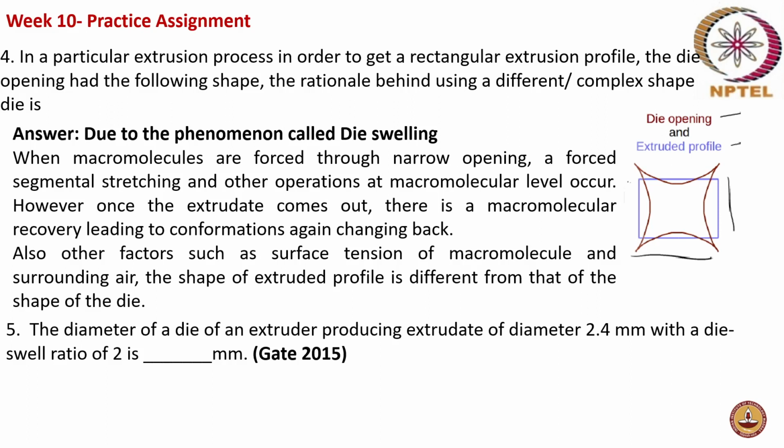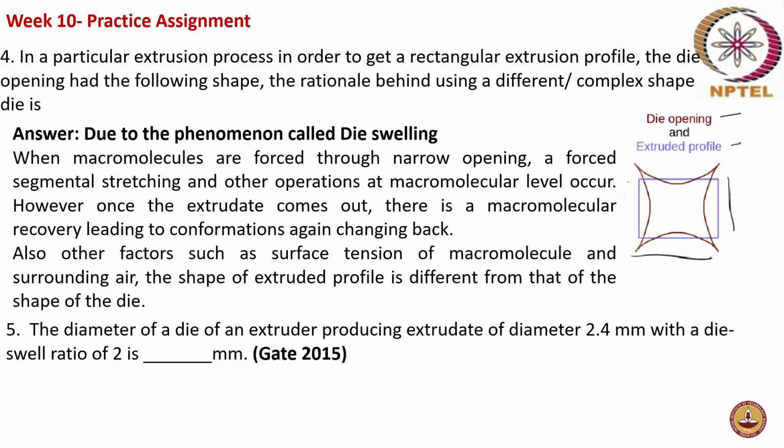Obviously they have given a diameter, which means the extruded profile is circular, correct? The extrudate has a diameter of 2.4 mm, and we know that during extrusion there is die swelling happening, and they have also given the die swell ratio as 2, and they have asked what should be the diameter of the die.